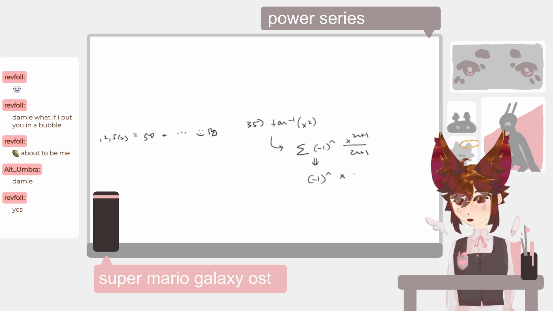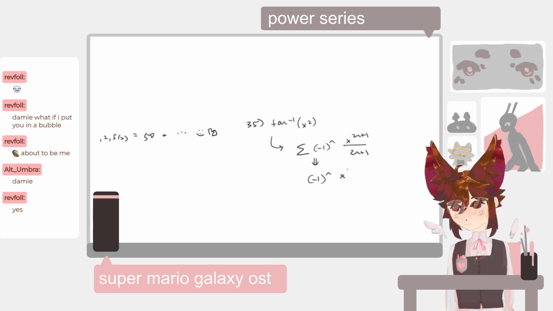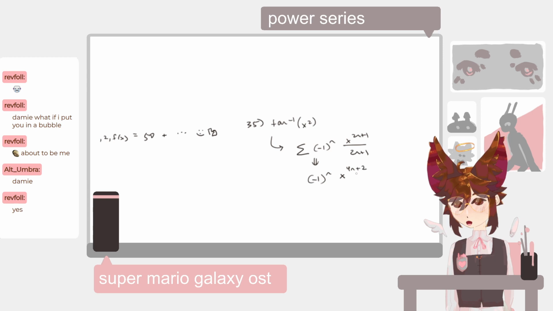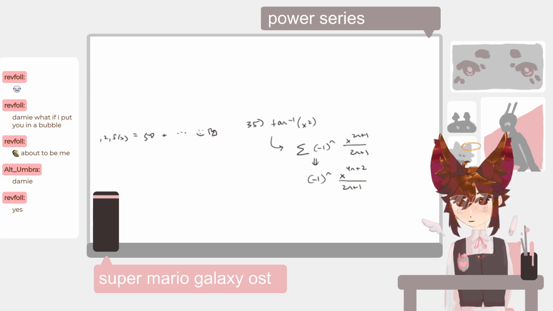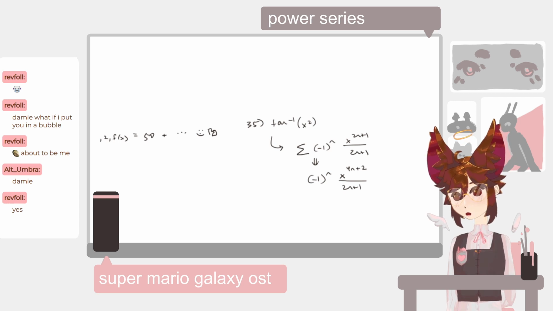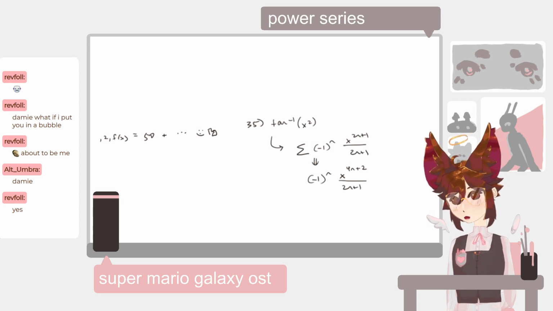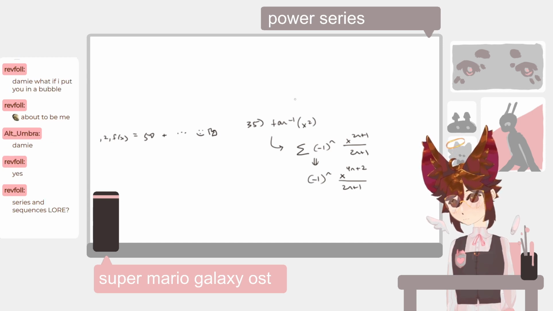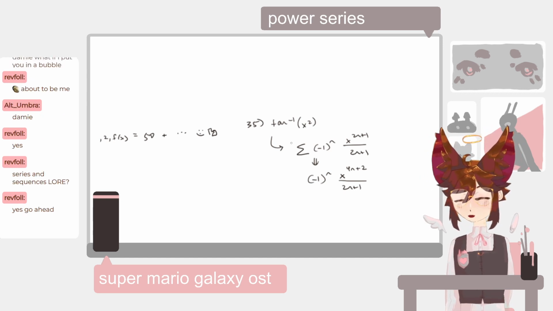Okay, so we have to start at the very beginning of this story. It's a long story. Are you sure you're ready for this story? It's gonna take hours and hours to tell the story of series and sequences. Series and sequences lore?